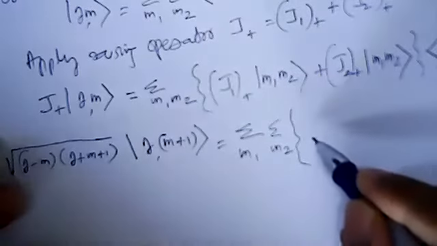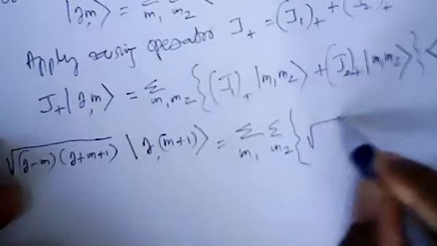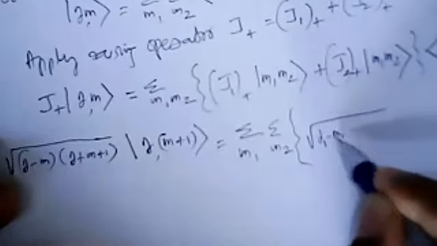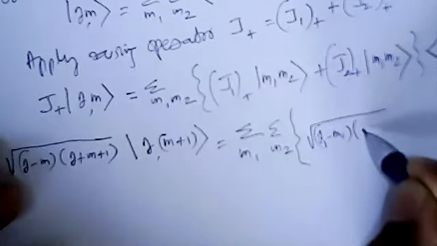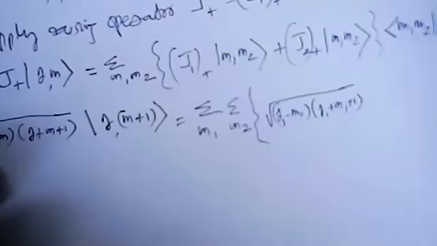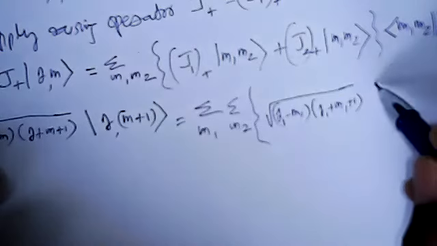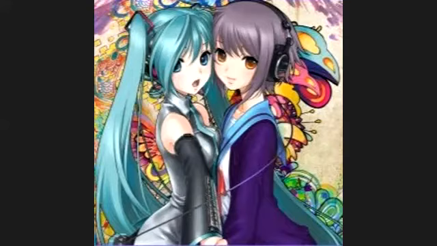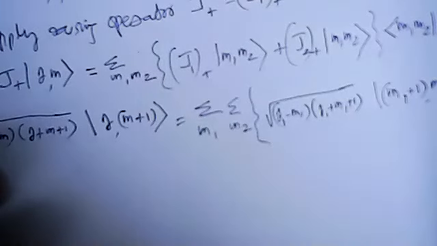And the coefficient is the root of (J1 minus M1) times (J1 plus M1 plus 1). Then ket |M1 plus 1, M2>. M1 gets raised by 1, no change for M2.